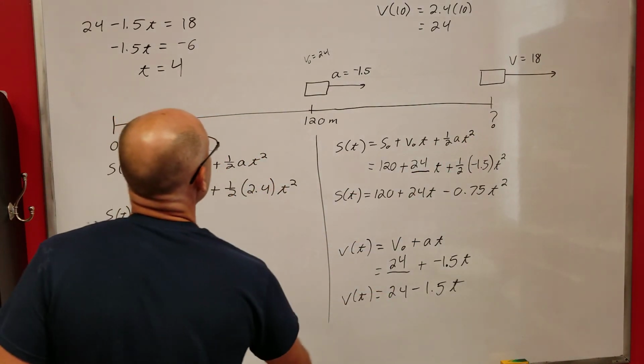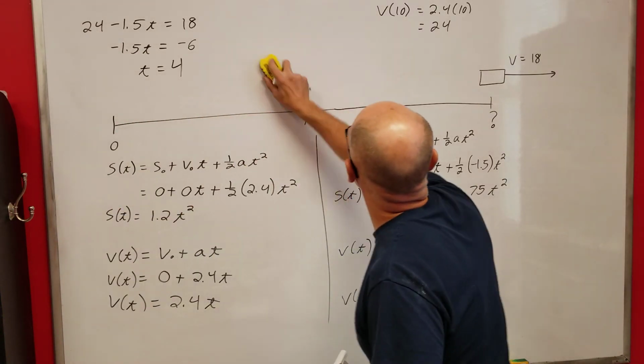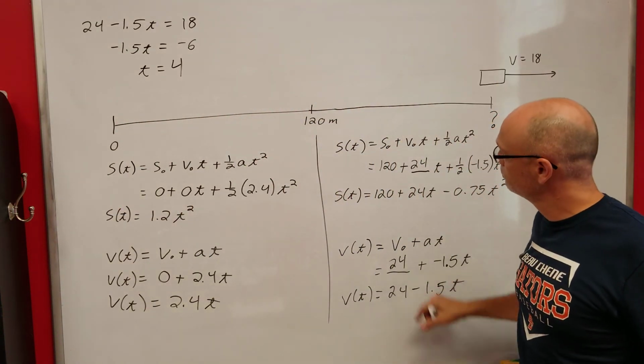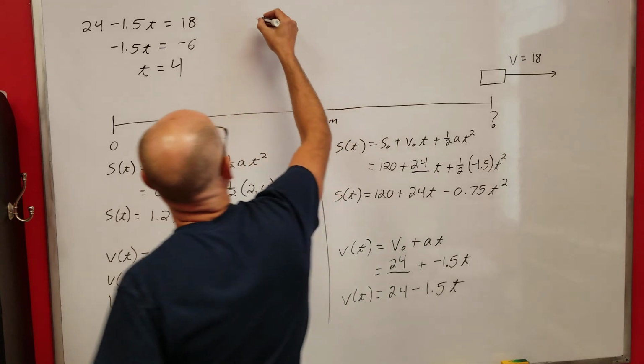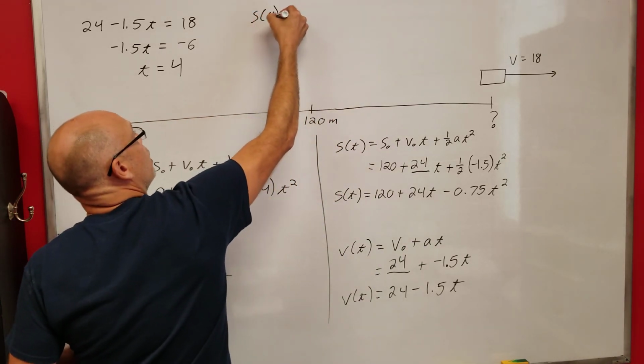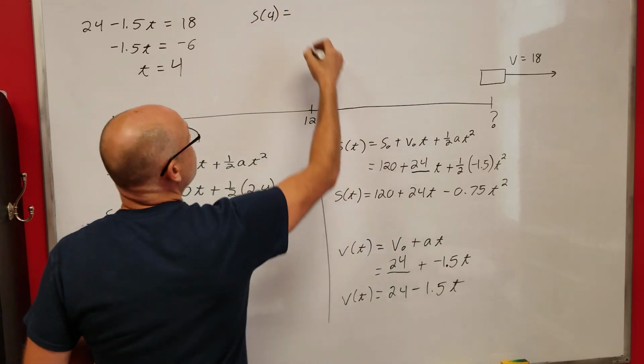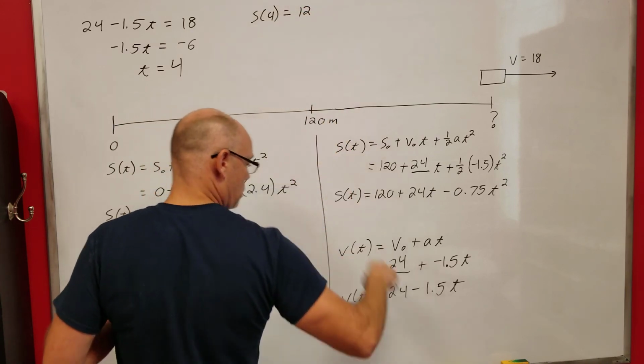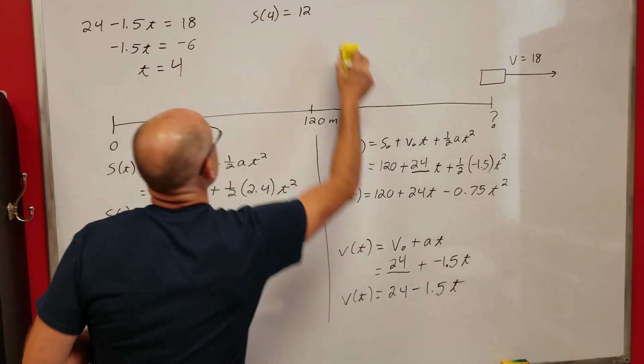Let's do so. So now let's plug in 4 to my position function here. So S of 4 is going to be what? I think I'm off the screen again. Hold on.